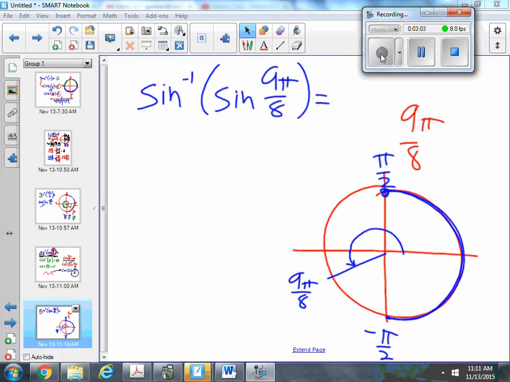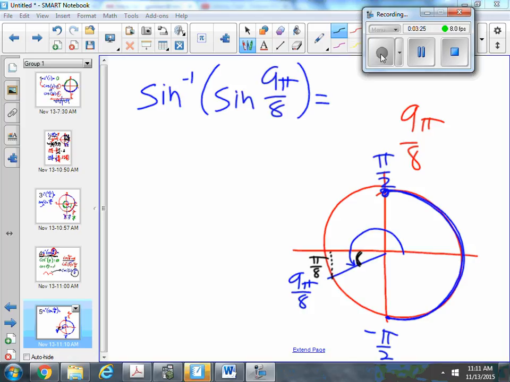No problem, because I can see that this reference angle right here is a pi over 8 reference angle. I can see that my sine value is negative because it's on the bottom side of the x-axis.